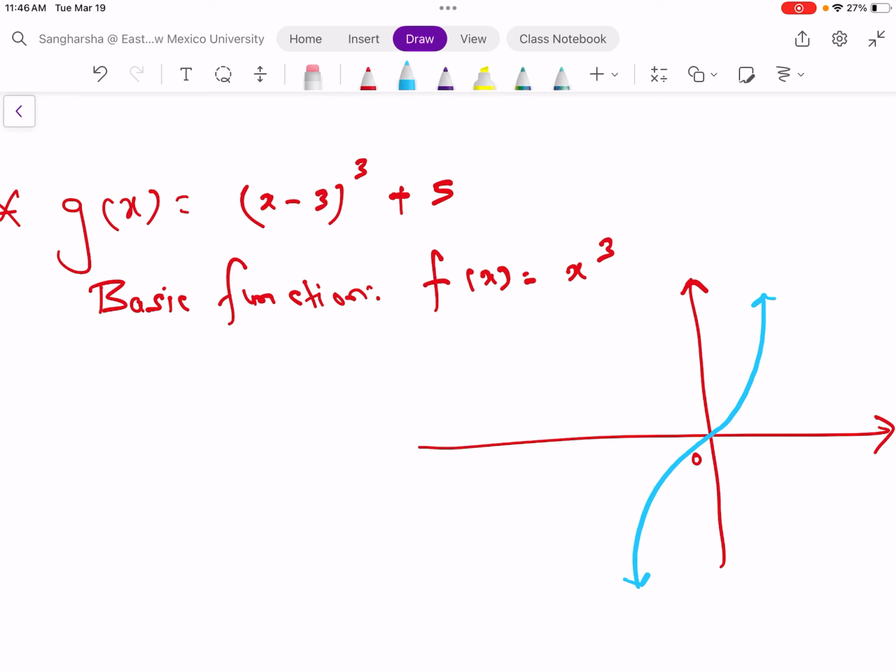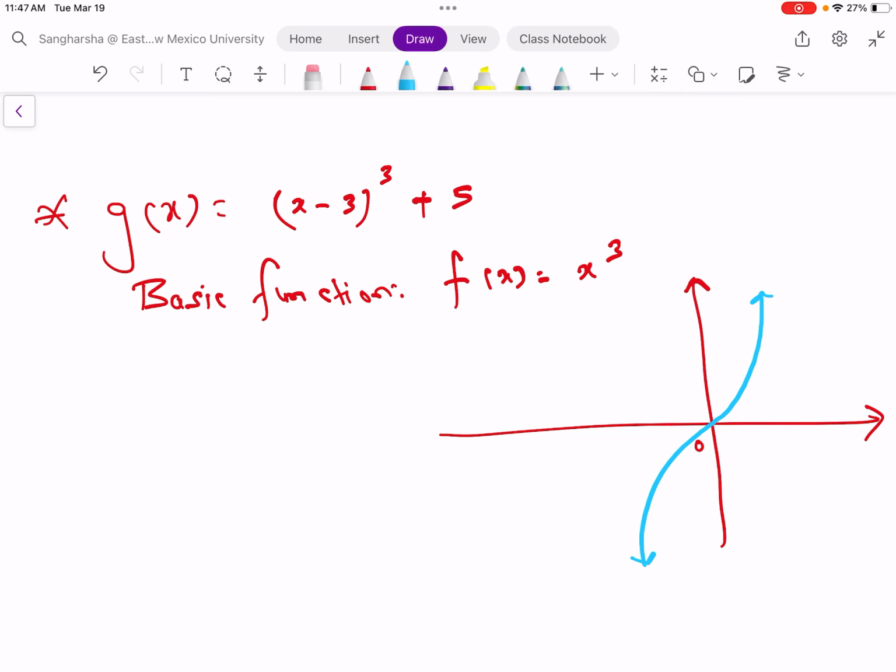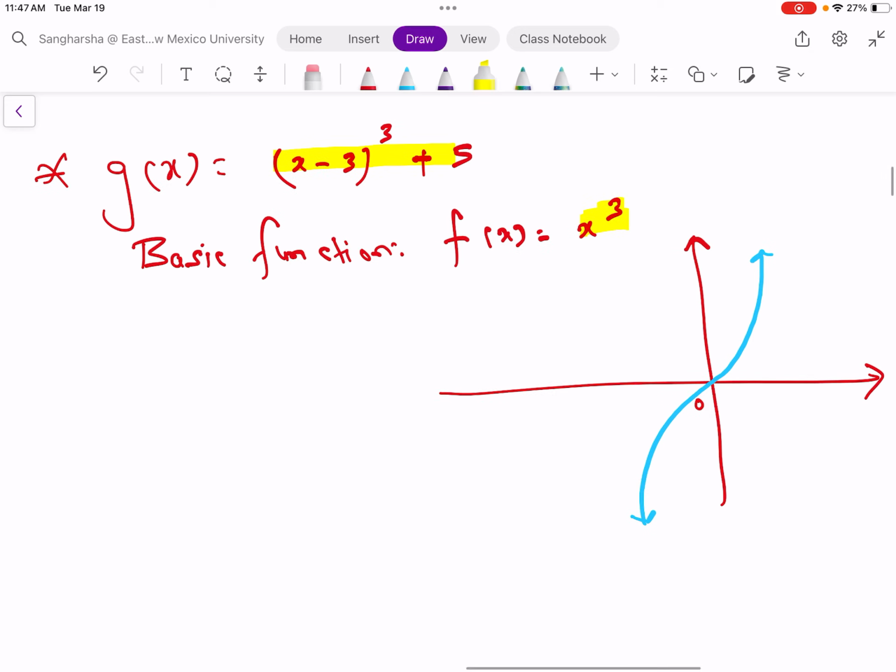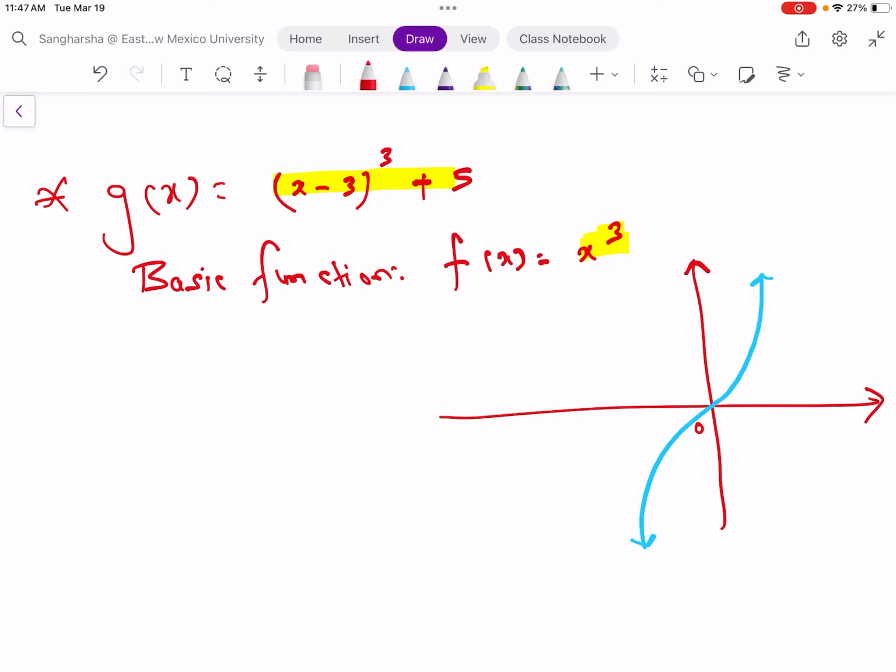Once you have the graph of a cubic function, you have the basic function, and from the basic function you have to get the function that you are given. Now what do we have to do to get (x − 3)³ + 5 from x³? We have x³. Now what should we do here?